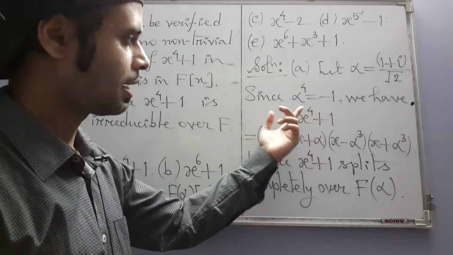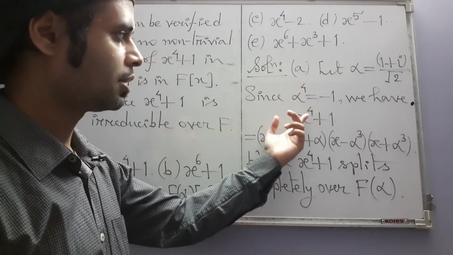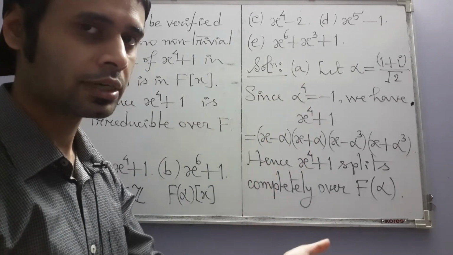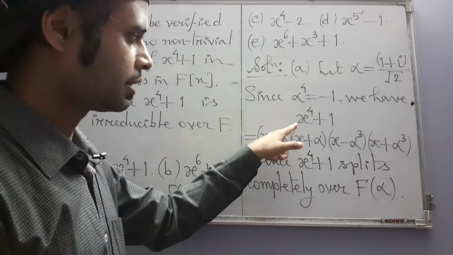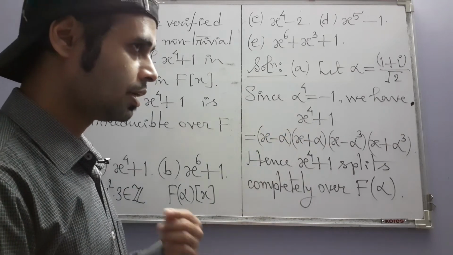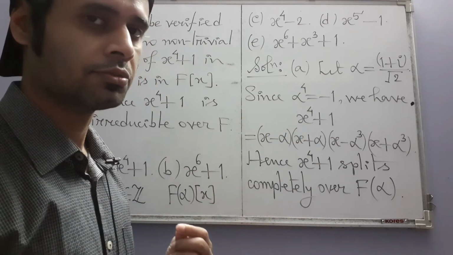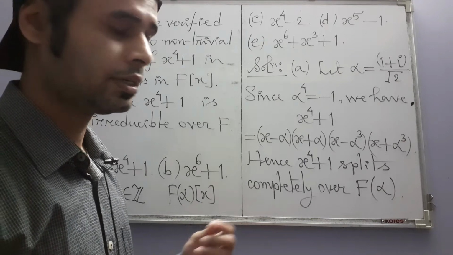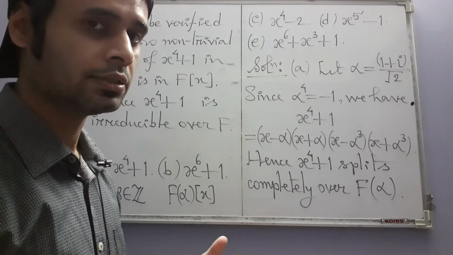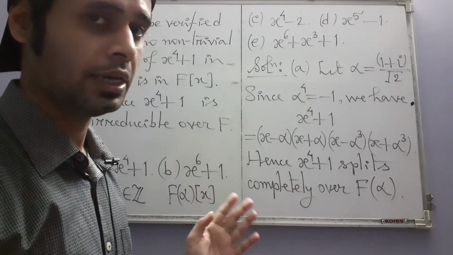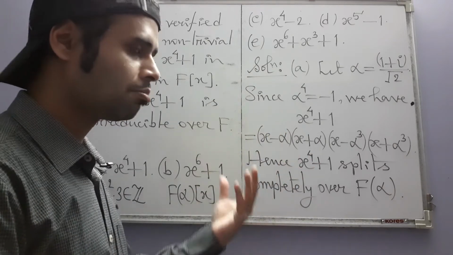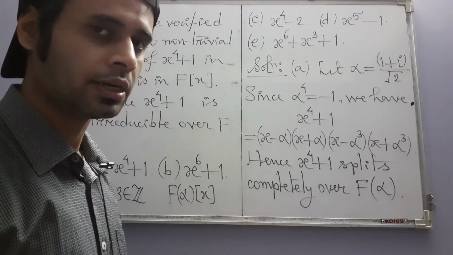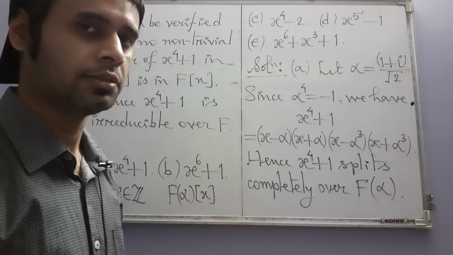In other words, alpha satisfies a polynomial of degree 4 over the field of rational numbers, and its irreducibility now proves that this polynomial is the minimal polynomial of alpha, and it is monic also. That's why we are saying the minimal polynomial, not a minimal polynomial. That's because if you combine minimality and monicness, you get uniqueness.